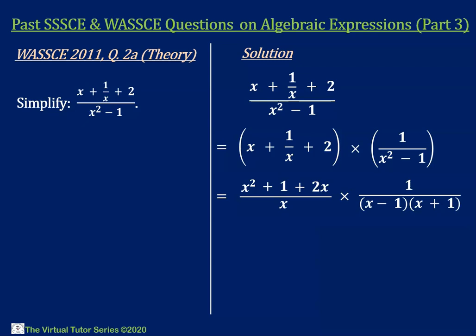Now, the numerator of the first part is a quadratic expression with the coefficient of x squared being 1 and the constant term being 1. So 1 times 1 is 1, and 2 factors of 1 which sum up to the coefficient of x, or 2, are 1 and 1.